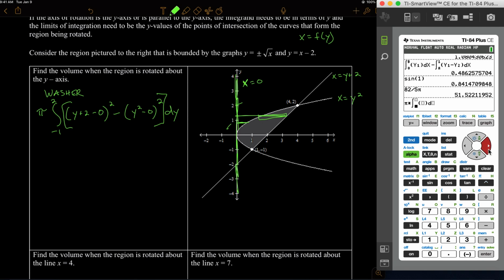Pi times the integral from -1 to 2 of y plus 2 squared, right? So in this case it's x, because we're using x's again.